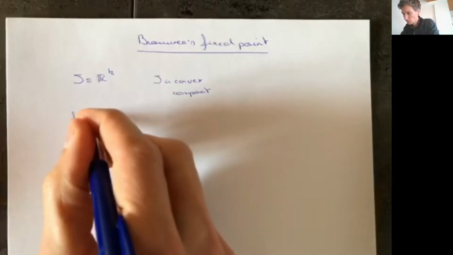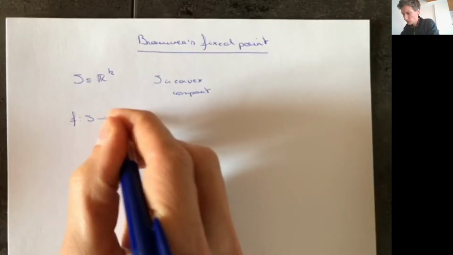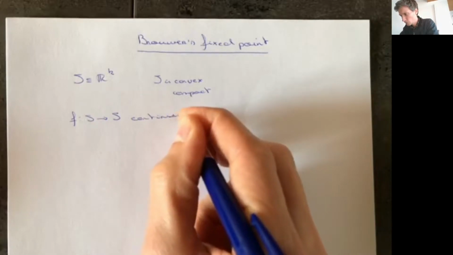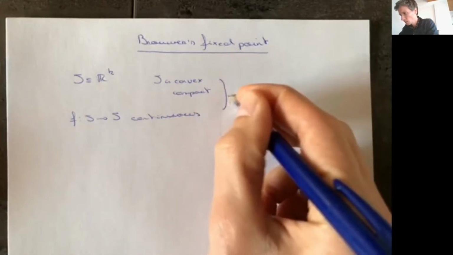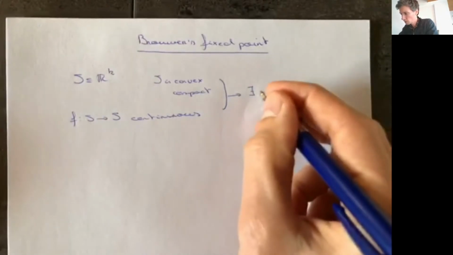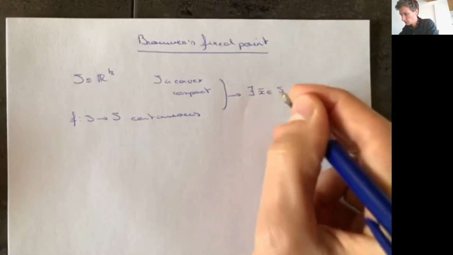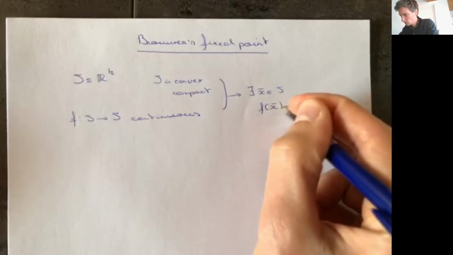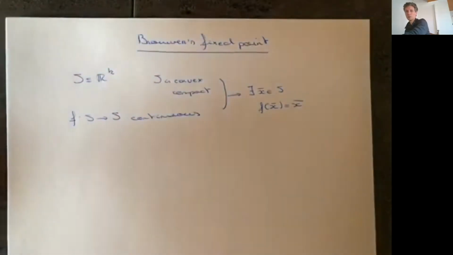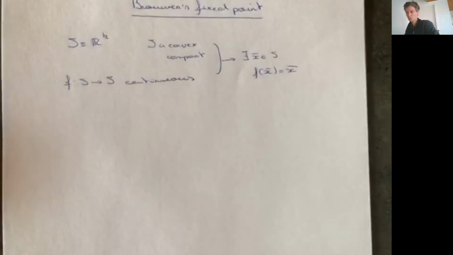But anyway, we have a function f from S to S, which is continuous. Well, if these conditions are satisfied, then there exists a vector x in S such that f of x is equal to x. So the function f has a fixed point.